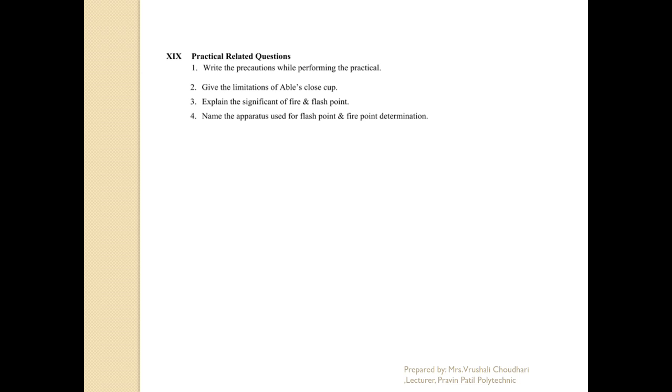At 39 degrees no flash, 41 degrees no flash, 43 degrees no flash, 44 degrees no flash, but at 45 degrees we observe the flash. So we can say that the given lubricating oil gives no flash up to 43 or 44 degrees, but it gives a flash at 45 degrees Celsius. So the working temperature is 43 or 44 degrees Celsius.